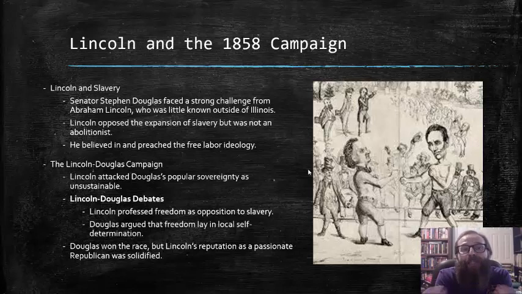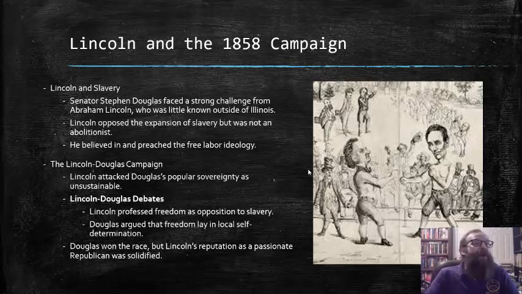And Abraham Lincoln emerged by 1858 as a star of this rising Republican Party. In 1858, Lincoln ran for a Senate seat in Illinois and faced off against Senator Stephen Douglas, the very architect of that very controversial Kansas-Nebraska Act.